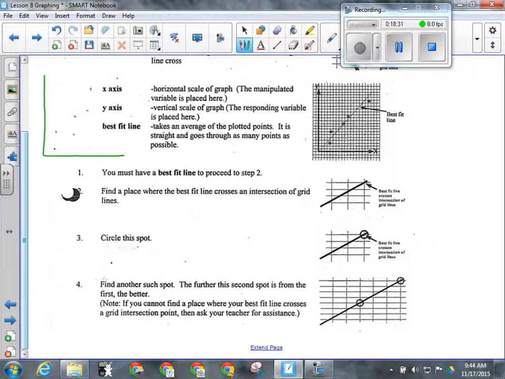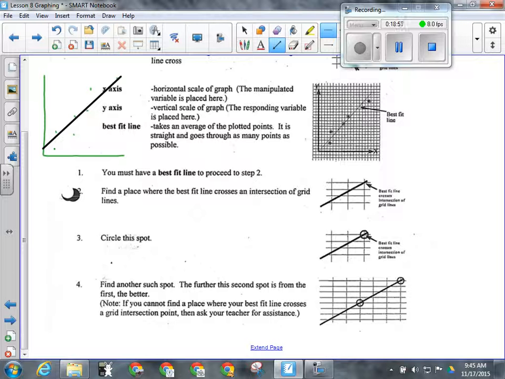Well, it could start at the origin, but I could make a better average of these points if I didn't start at the origin. And you don't have to start at the origin. The most important rule is that you follow the trend of the points. So on a graph like this, I could draw a best fit line that looks like that, and that follows the trend of my points pretty well. I think if I had it at the origin, it might be a little bit steep.